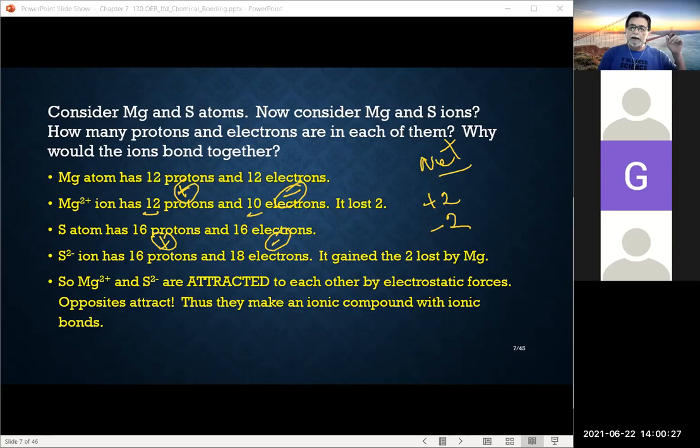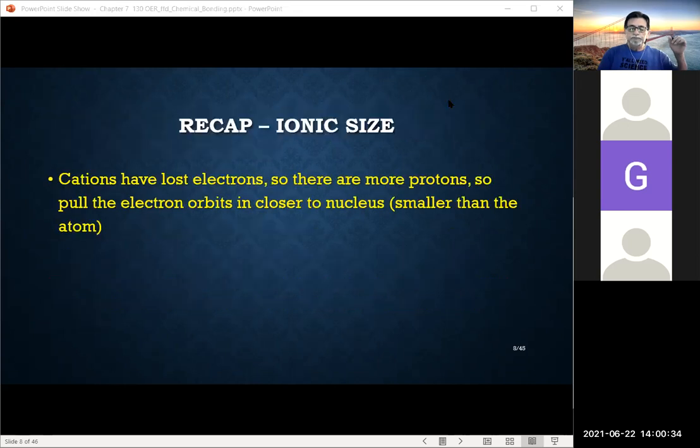Okay, all right. Let's recap the ionic size. We know that the cations lost electrons. So by losing electrons, they now have more protons than electrons.